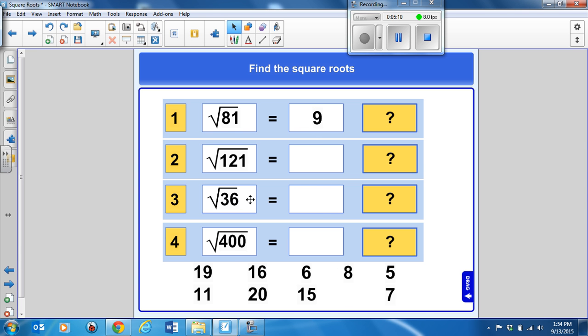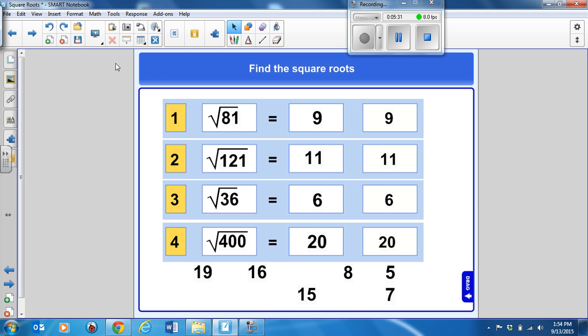All right, 11 squared would be 121. 6 squared would be 36. And 20 squared would be 400. So if you get a question that says, what is the square root of 36? The answer is 6. Okay, so we have 9, 11, 6, and 20.